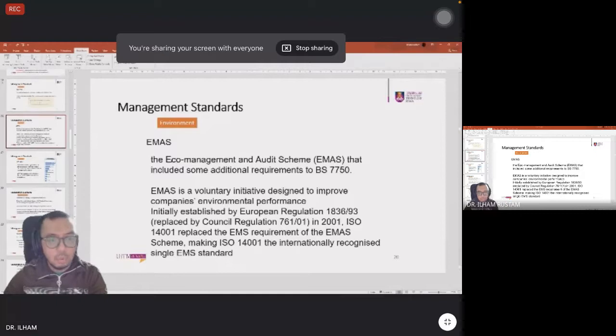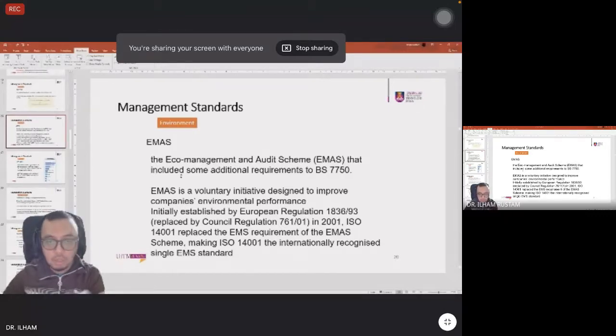And then untuk audit 7750 tu ada EMAS. Europe yang buat, I think Europe will call this EMAS or something like that. It is established in 2001, but then it was superseded by ISO 14001, and then making it the internationally recognized single EMS standard.